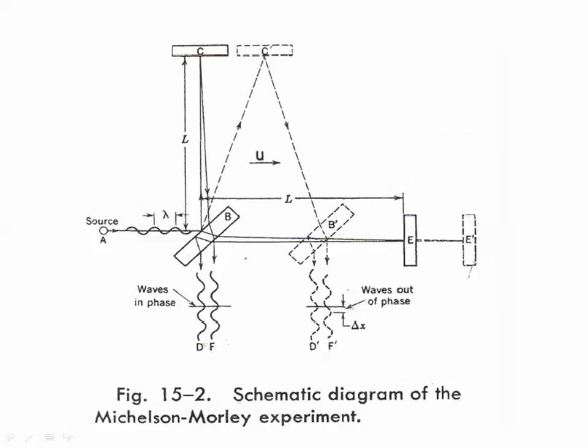This slide is a more detailed schematic of the apparatus for the Michelson-Morley experiment. We will use the diagram to develop the algebra to analyze the experiment. The setup is assumed to be moving horizontally in the positive x direction at constant velocity u.